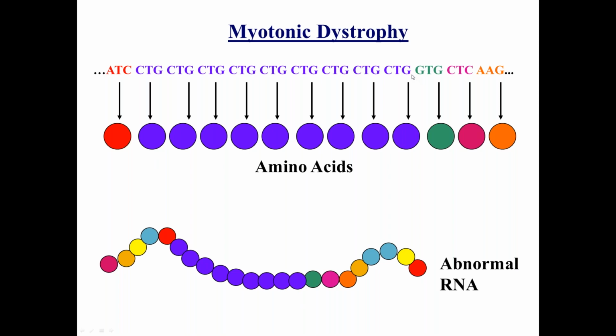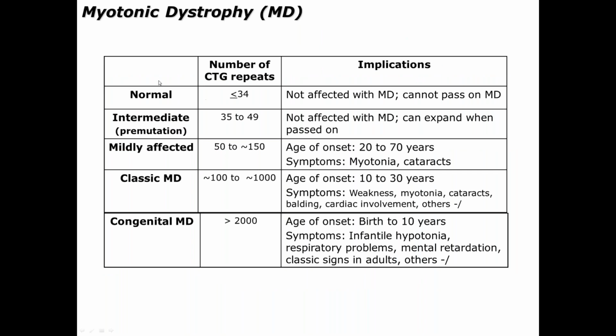Now, when the repeat number gets larger, when this expansion gets larger, we expect symptoms to show up earlier in life. And that's kind of what we're talking about here with these cutoffs.